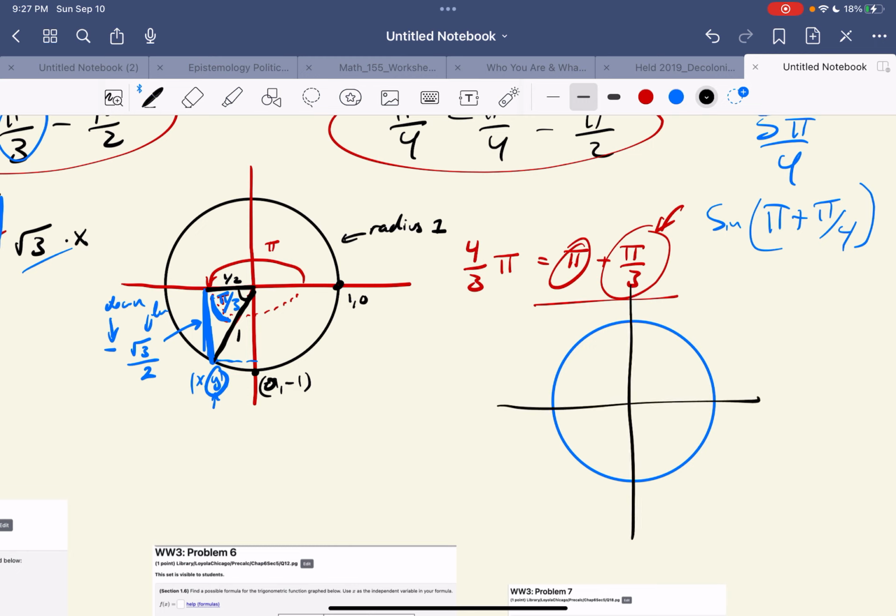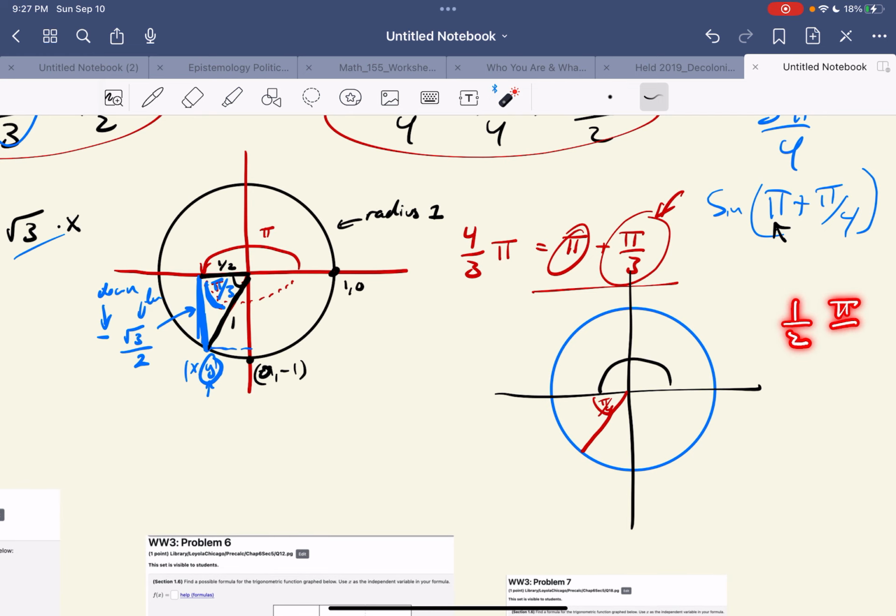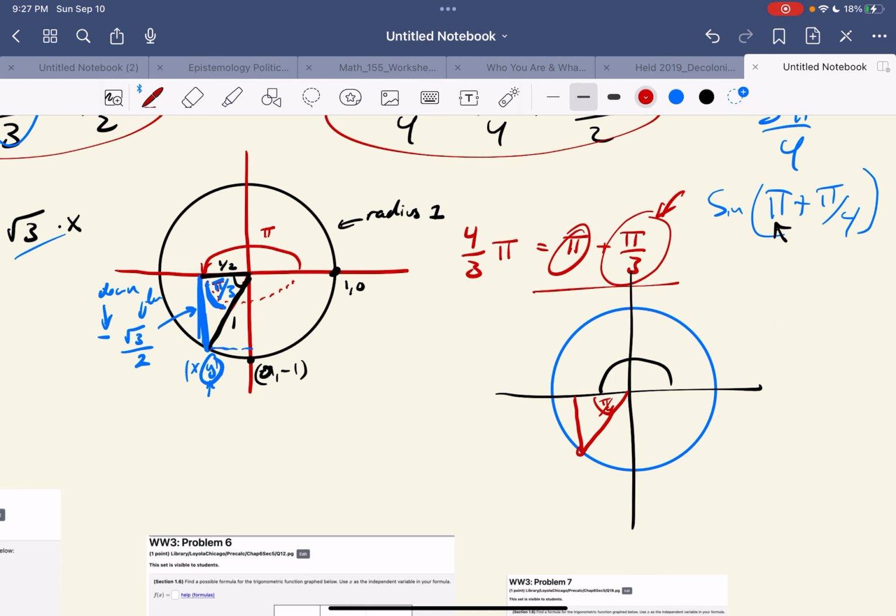And I think to myself, well, gosh, pi, that's 180. And then I go an extra pi over 4. It's exactly half the distance, like it's half of 90, right? It's half of a pi over 2. 1/2 of a pi over 2 is a pi over 4. Okay, and so now we draw this triangle, and this is x, and this is x, and this is √2 times x.